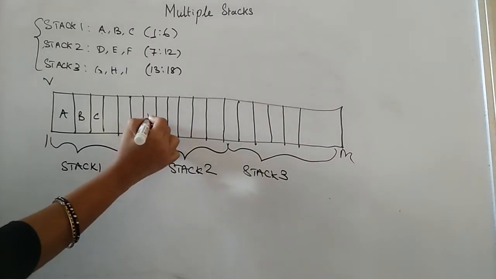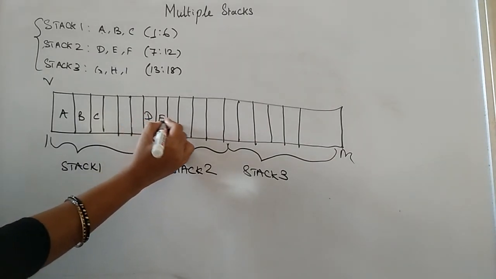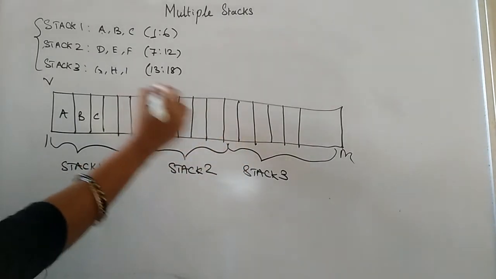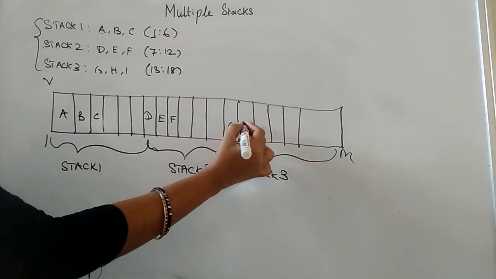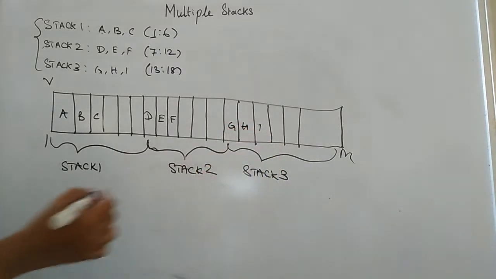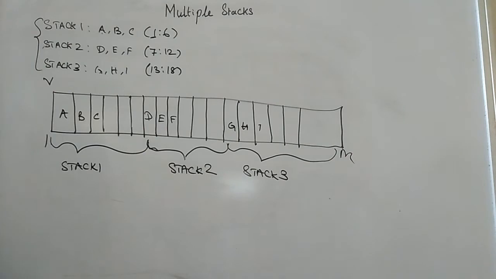Just see here, you are having D, E, F. Next we are going to store G, H and I. So you just consider here, whenever you store the elements, you will get empty spaces in between.